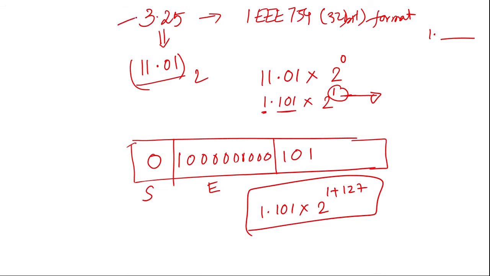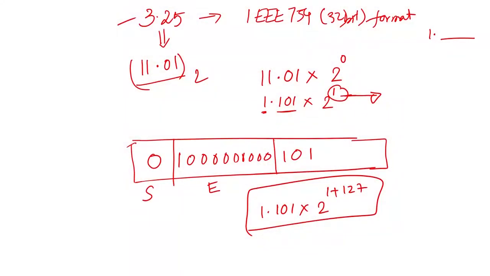If it is negative, this will be minus. So, this is the way to represent a decimal floating point number as the corresponding binary number in 754 format. Okay, we will see one more example.